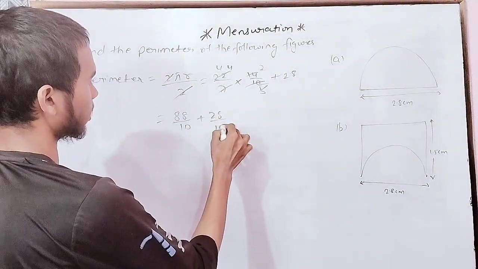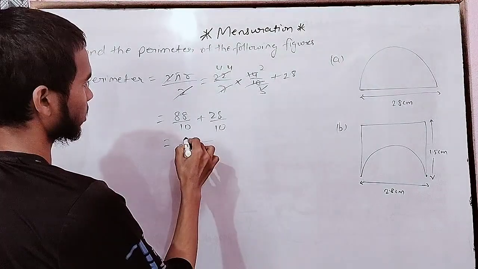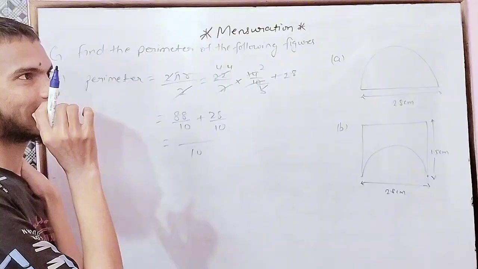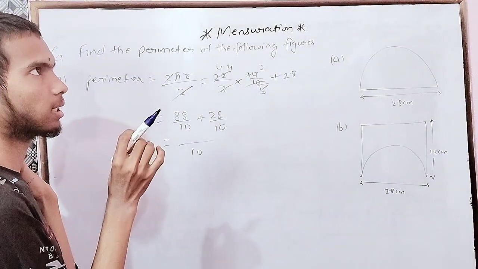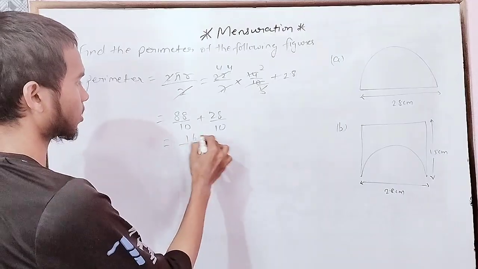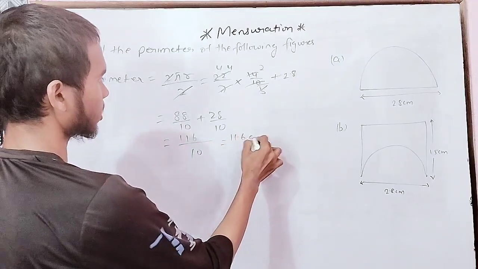And 28 upon 10. 80, 20, 100, 110, 160, which means 11.6 centimeter.